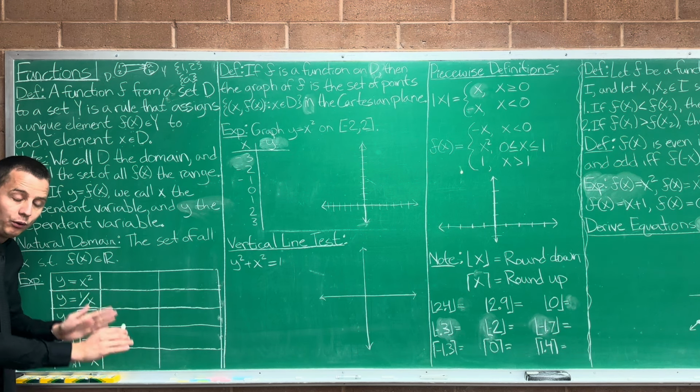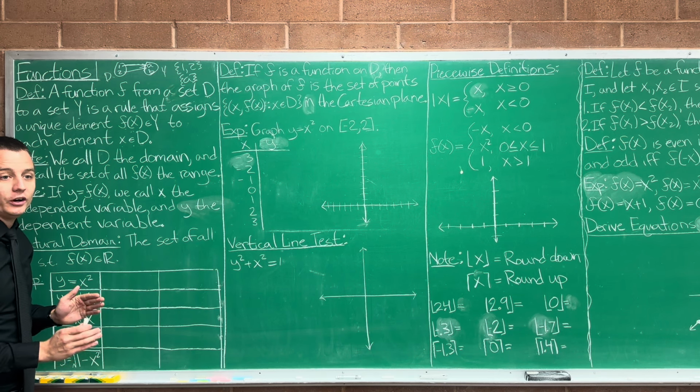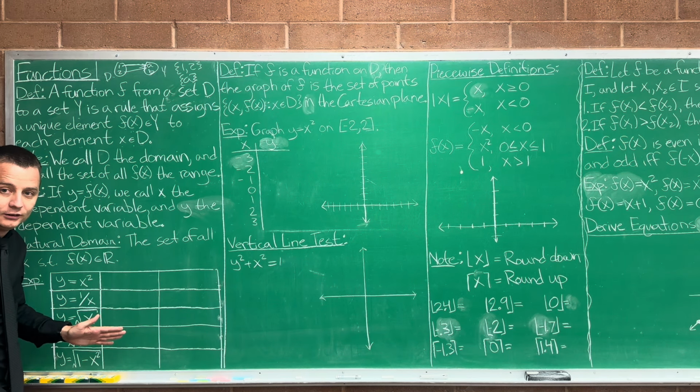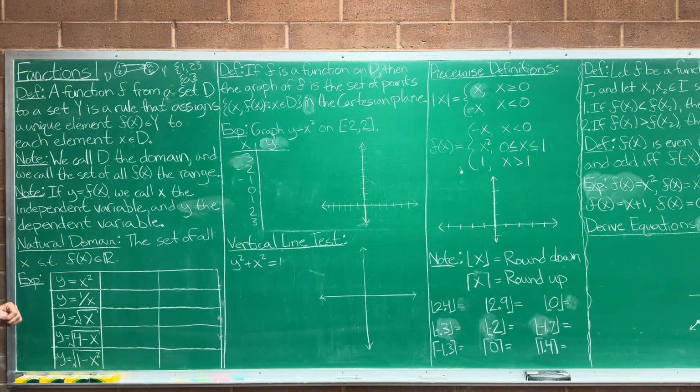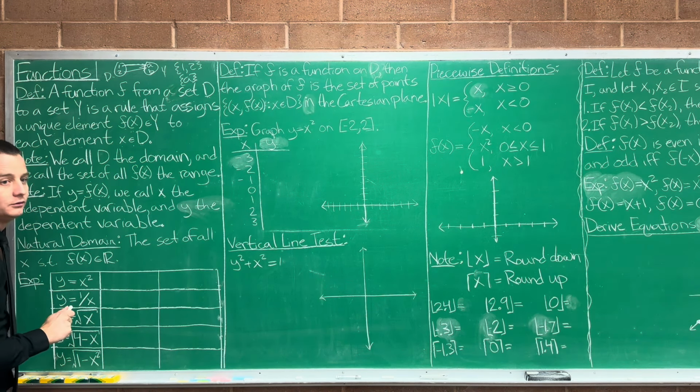What's the boiling point of water? It depends upon your altitude. Your altitude does not depend upon the boiling point of water. We don't think about it that way. So, independent and dependent variable. y depends upon x for its value. x is independent of y.